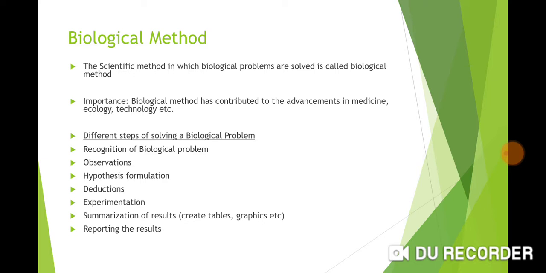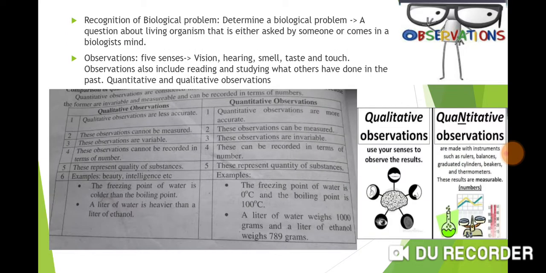So, getting a detailed view of this topic, we will first move on to recognize a biological problem. So, first of all, we find out what is the problem. And any question that arises in our mind about the living organisms or the creature which is in our mind is what we call recognizing a problem.